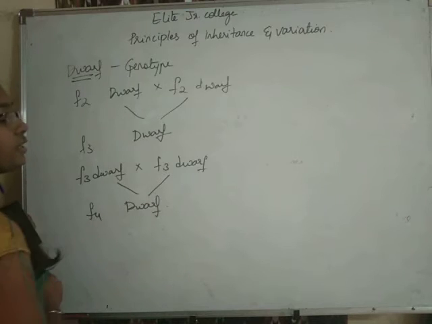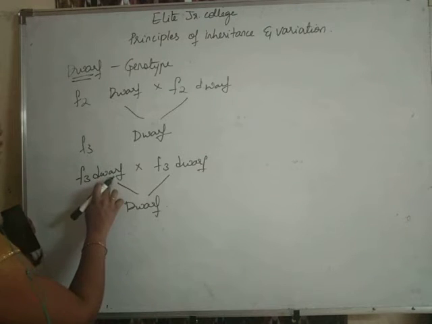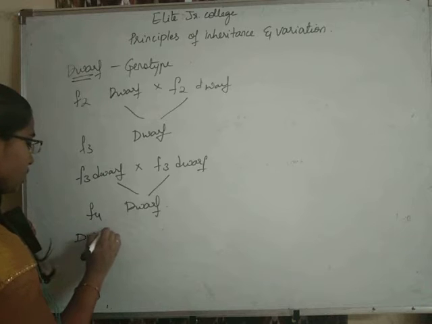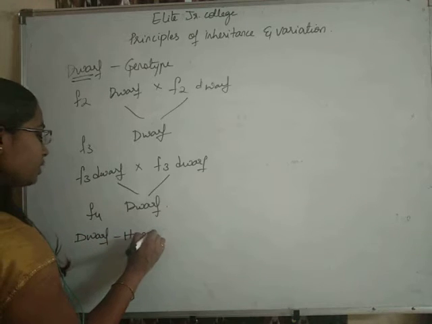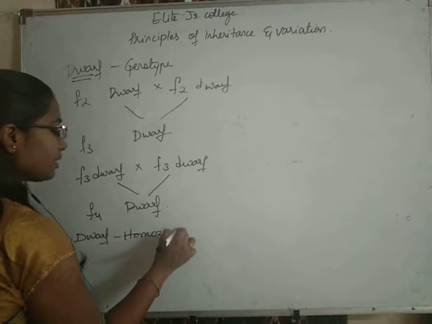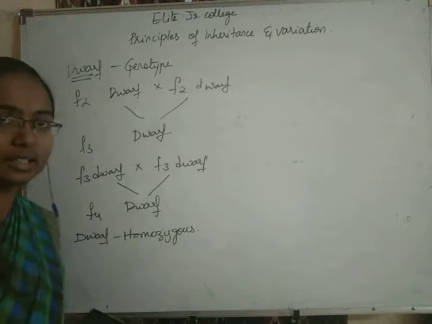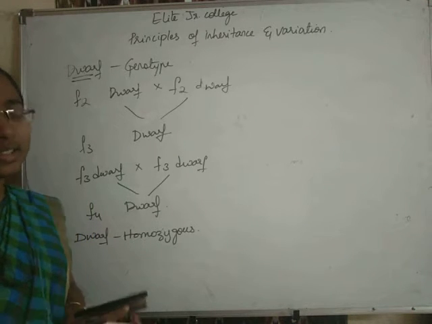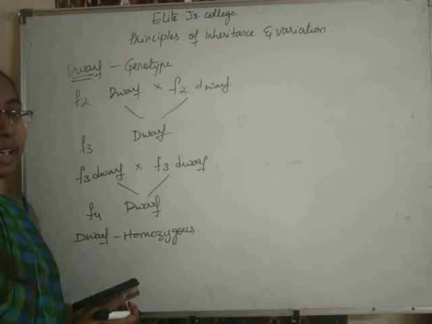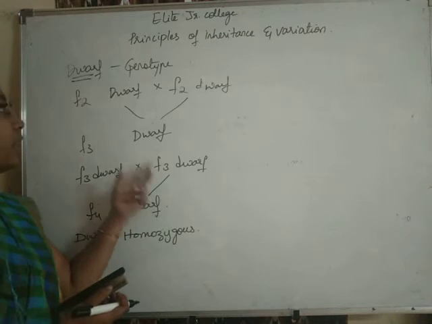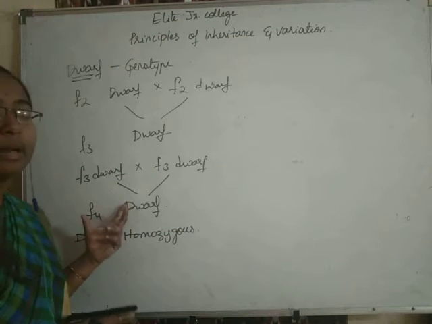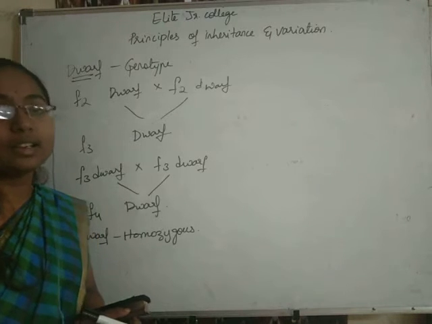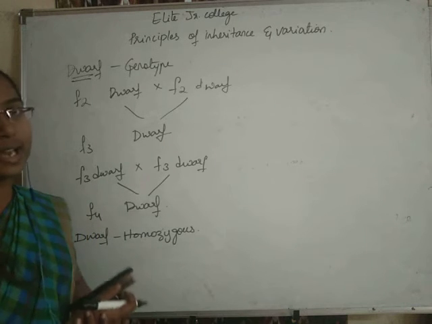So by this he understood that these dwarf plants are homozygous. Dwarf is a homozygous condition, that means they have the same alleles. In this way, by self crossing the F2 and F3 dwarfs, Mendel observed that this dwarf character in the pea plants is a homozygous character.